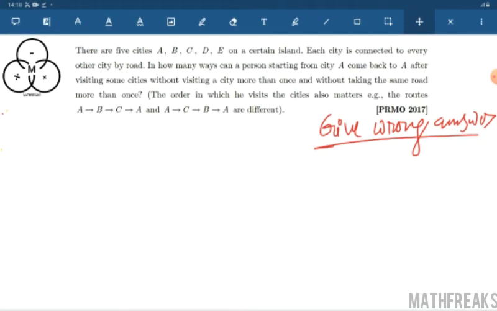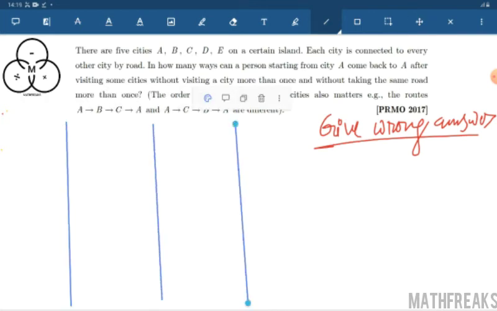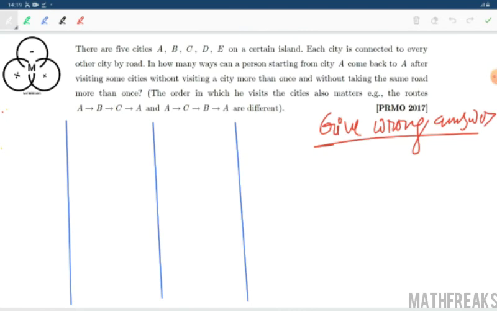What are the cases that one can sort out? The logic is that he can visit all four cities, three cities, two cities.